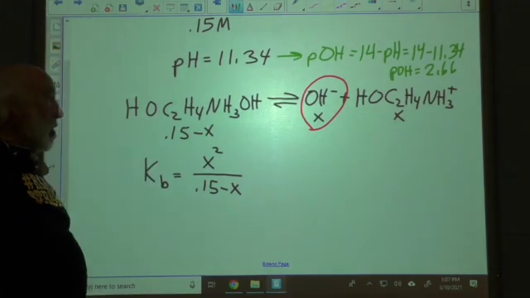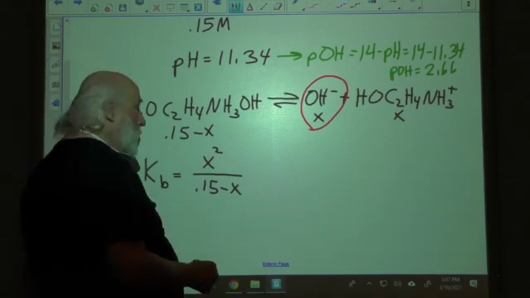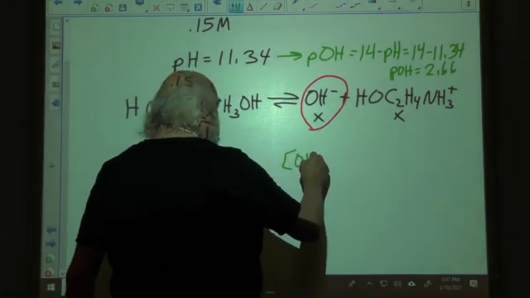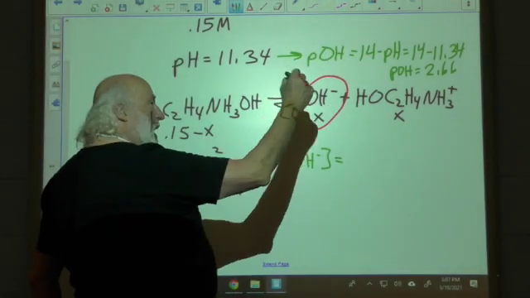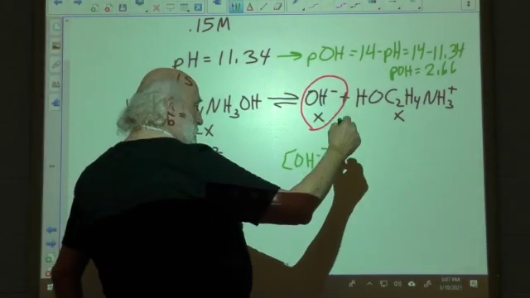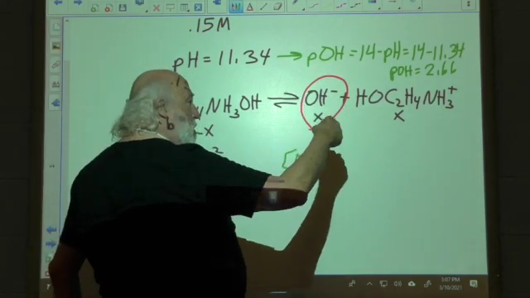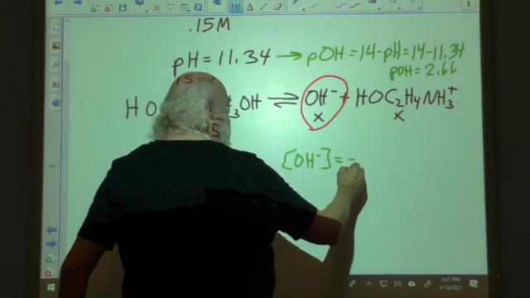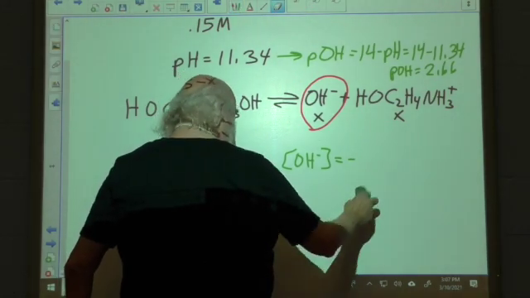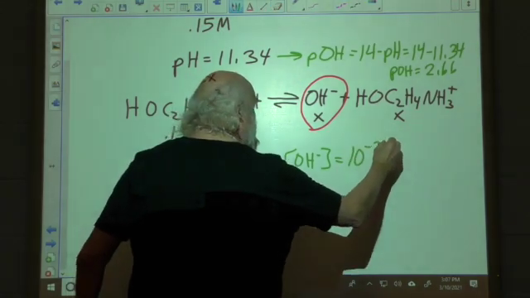So what does that tell us? Well, we can find the concentration of OH because we know that the pOH is the negative log of the OH concentration. So this is going to be 10 to the negative 2.66.